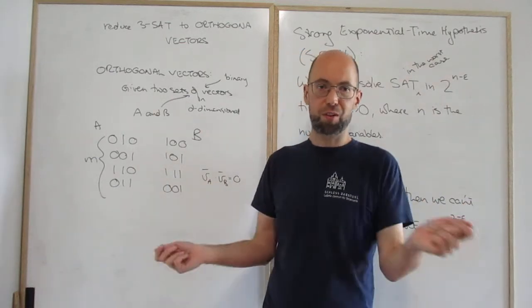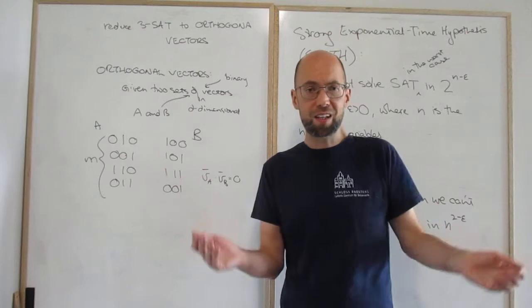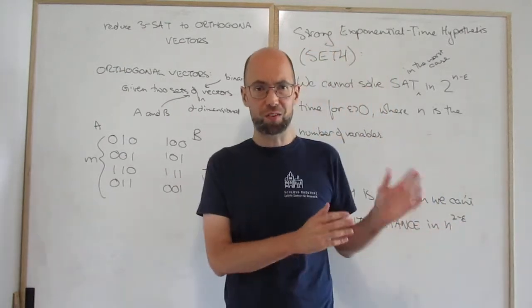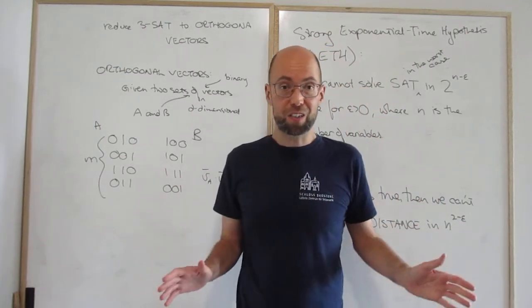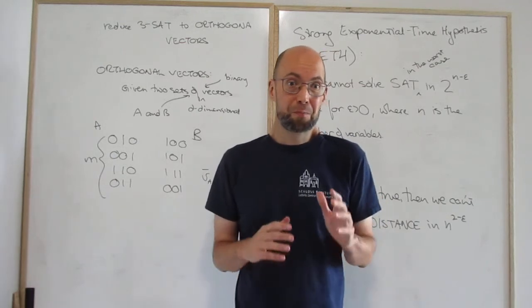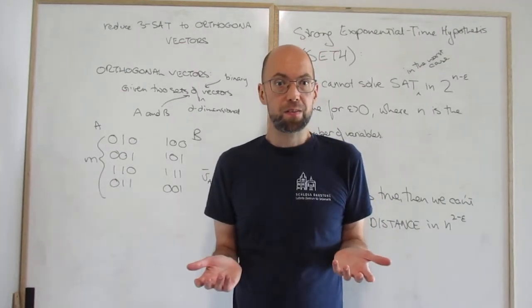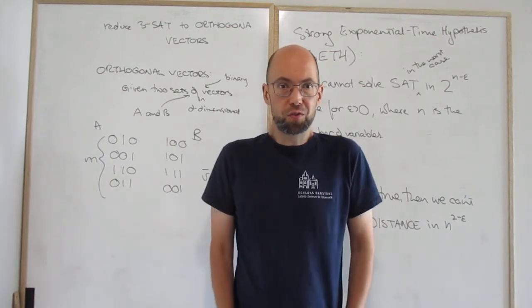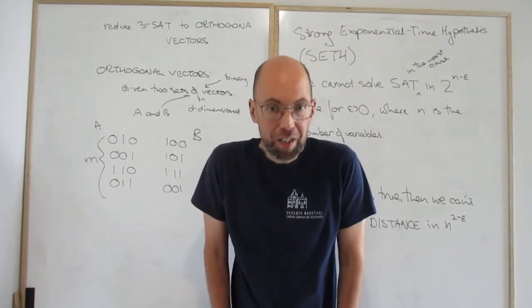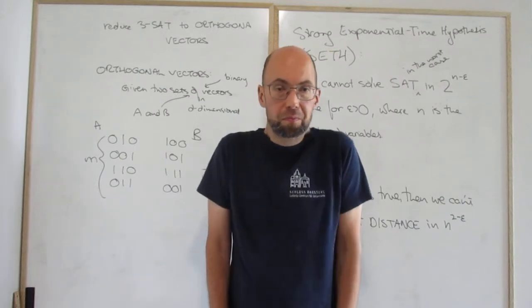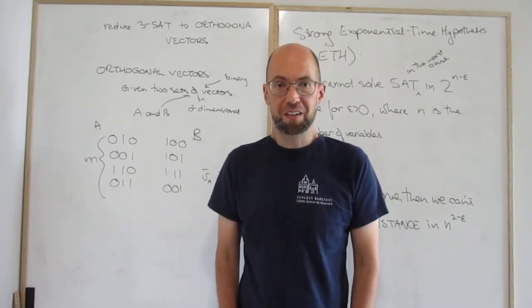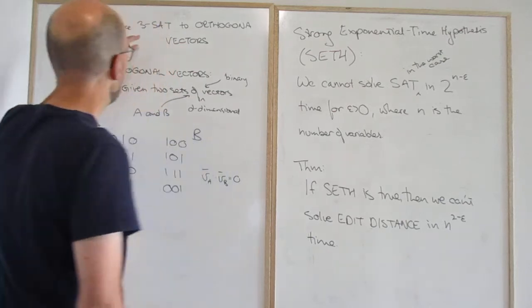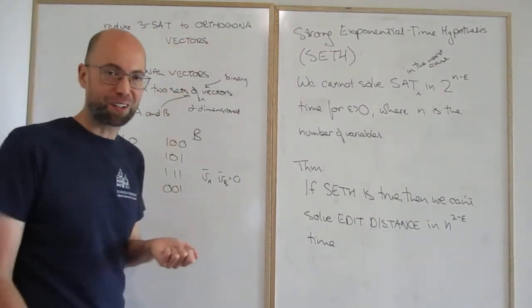How long does the dot product take? It takes time D, but I told you to ignore D because D is small. So orthogonal vectors is basically quadratic time. You can do m times m. Easy. Okay, so how can I reduce 3-SAT to orthogonal vectors?